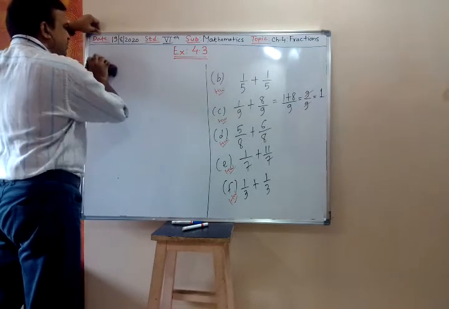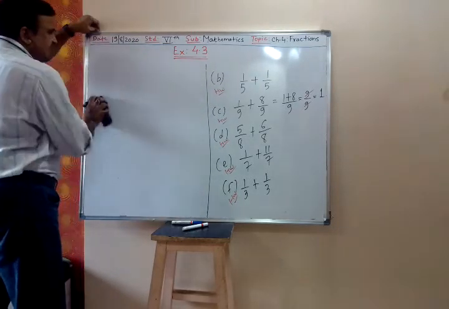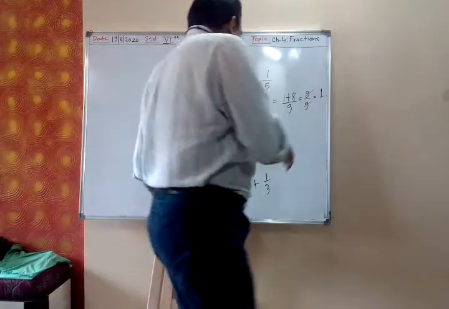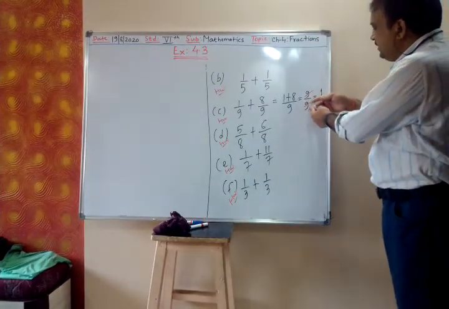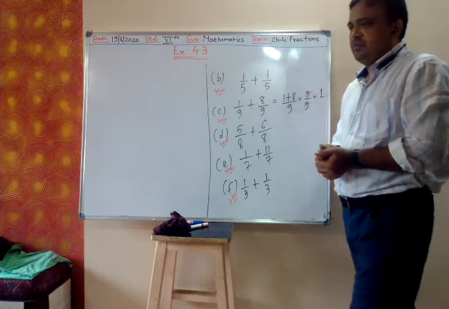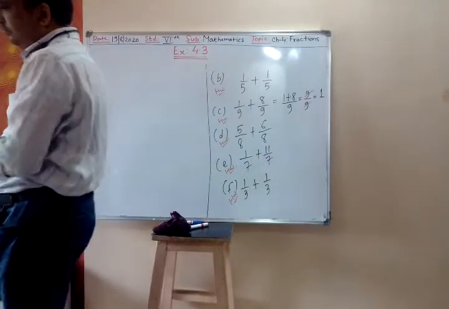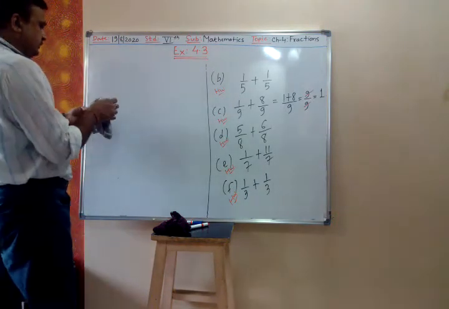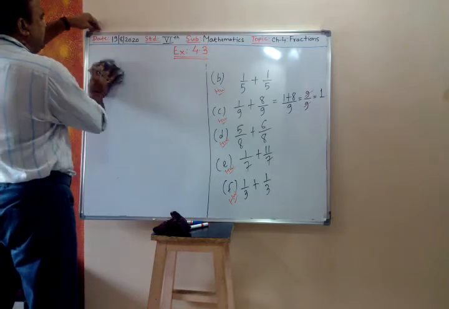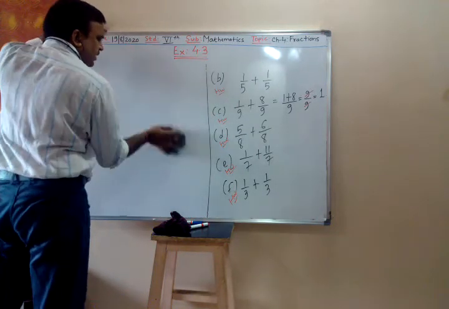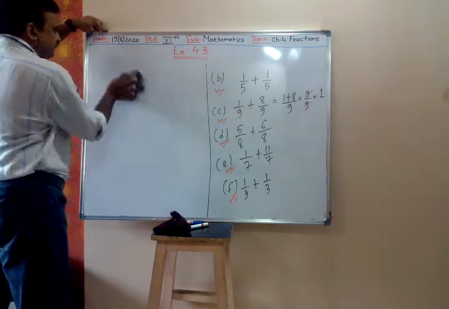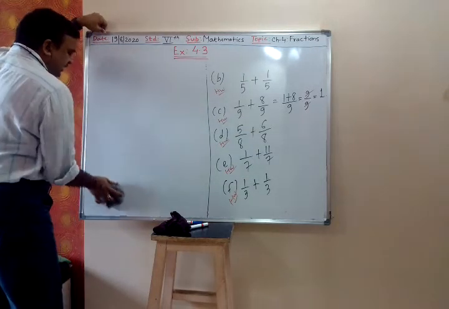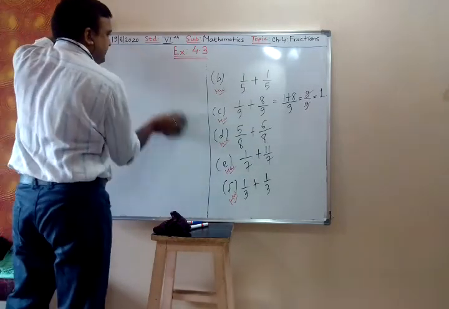Whenever there is the same number in the numerator and denominator, we can cancel them and write them as 1. If they have different numbers, then I will write them as they are. I will not cancel.